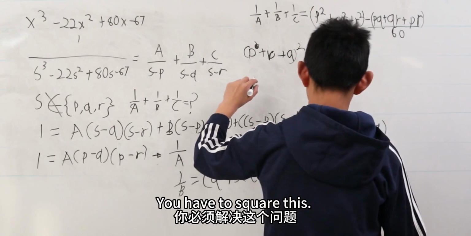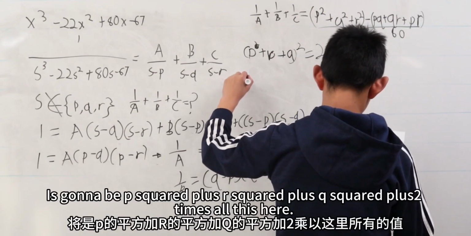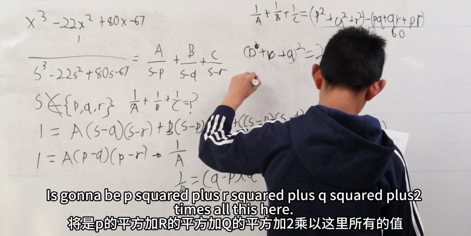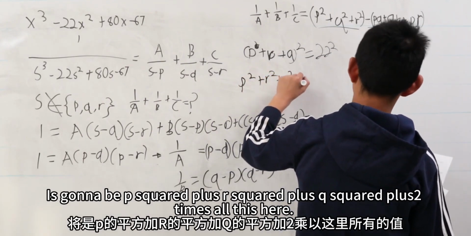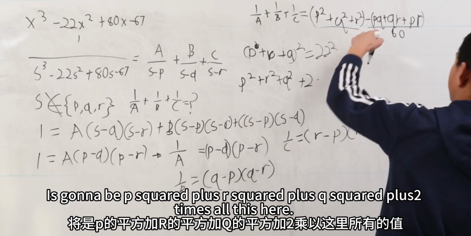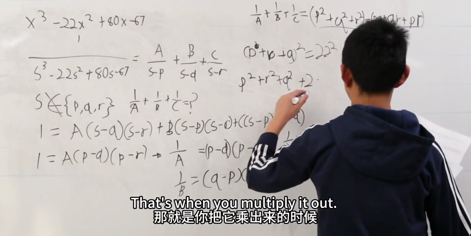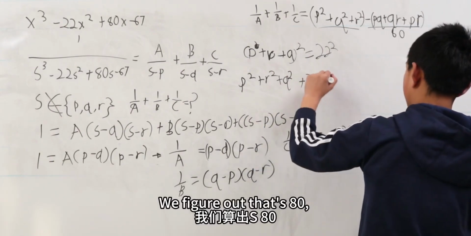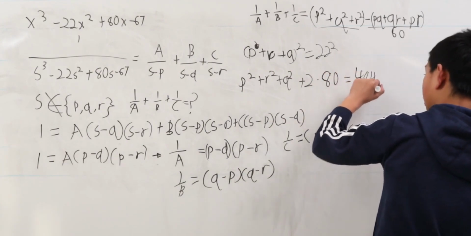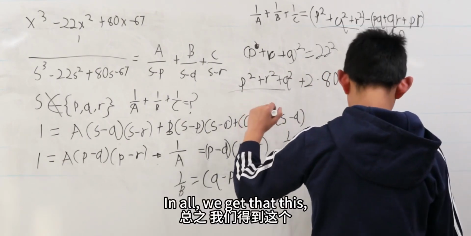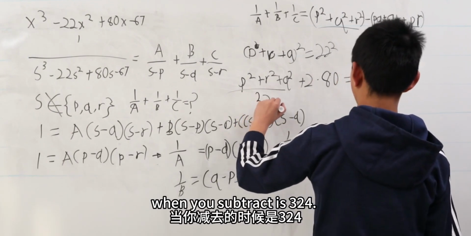This is going to be p squared plus r squared plus q squared plus 2 times all this here, when you multiply it out. We figure out that 22 squared is 484, and 484 minus 160 gives 324.